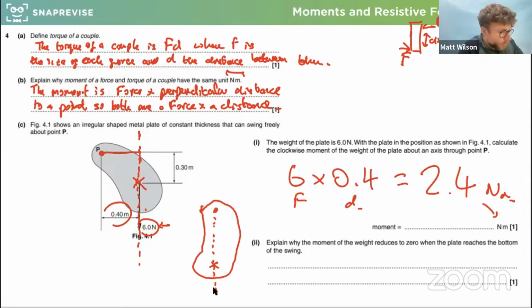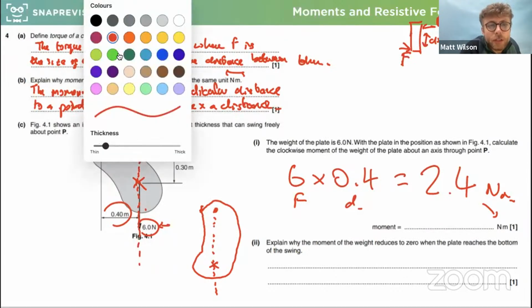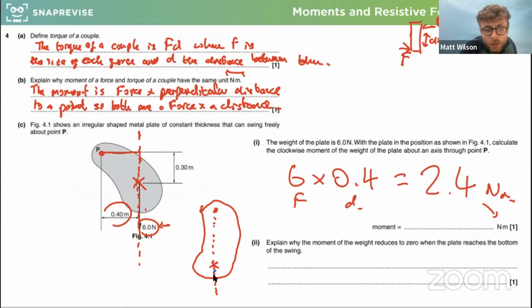Why is the weight here, mg, not causing a moment around this point here? Or in other words, why is the moment 0? Maybe that's a better way of saying it.